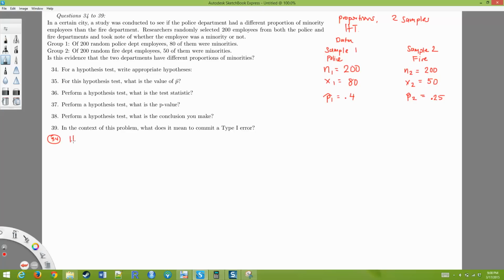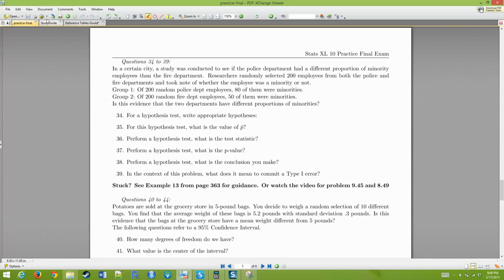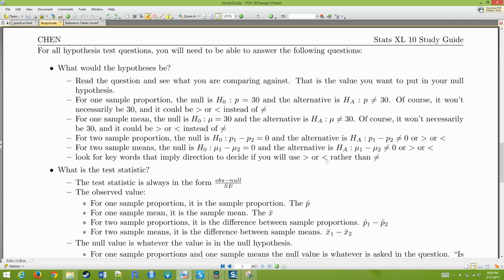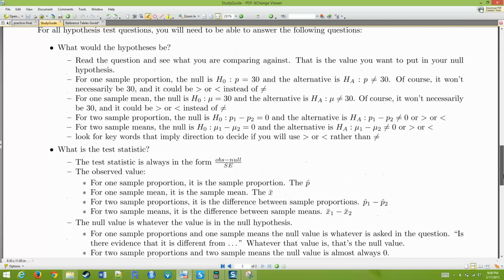We have a null hypothesis and an alternative hypothesis. Okay. All right, well, if I go to the study guide, I say, well, I don't know what to do. I've got two samples, and I'm dealing with proportions. Okay, two sample proportions. The null hypothesis is P1 minus P2 equal to 0.